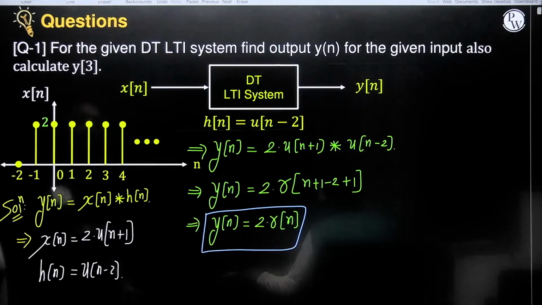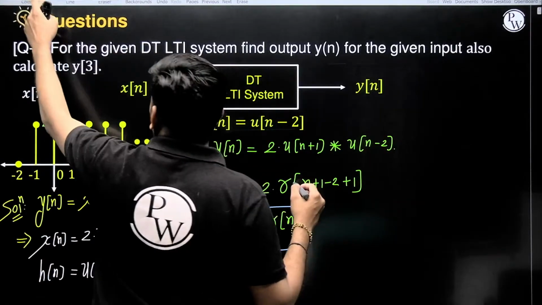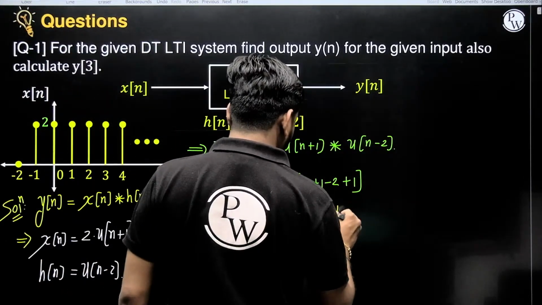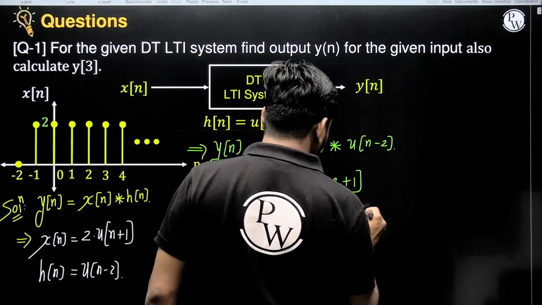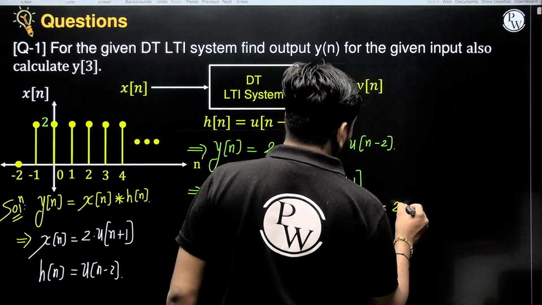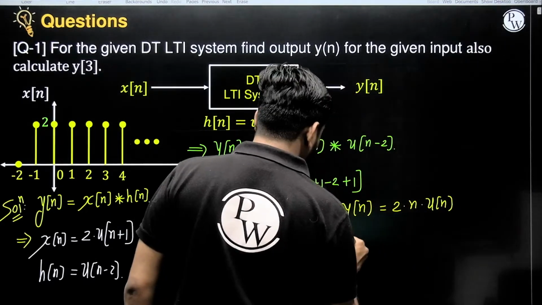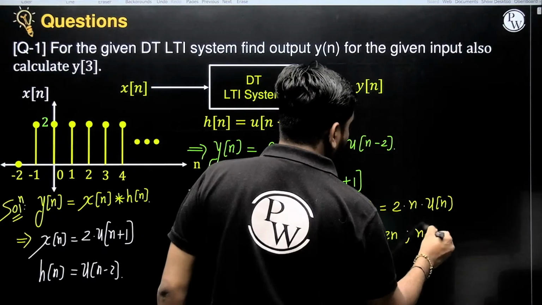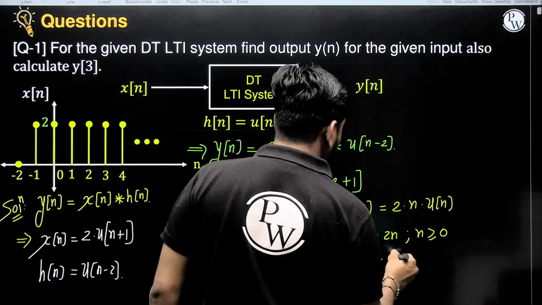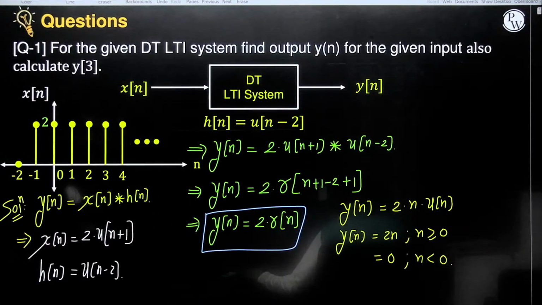Second, they are asking y of 3. So here y of n is equal to n into u of n, for n greater than or equal to 0. Now they are asking for n equal to 3.